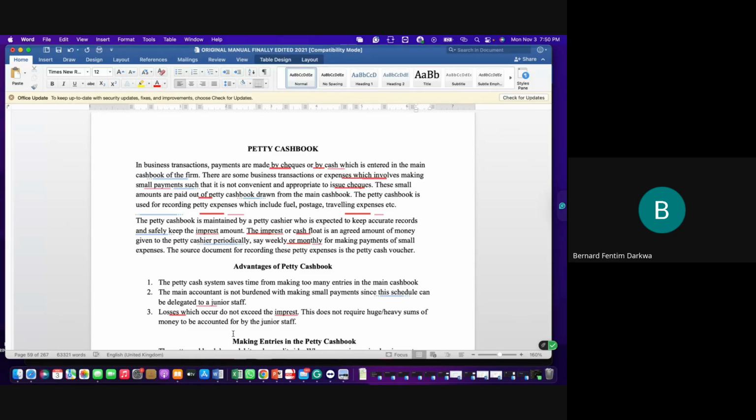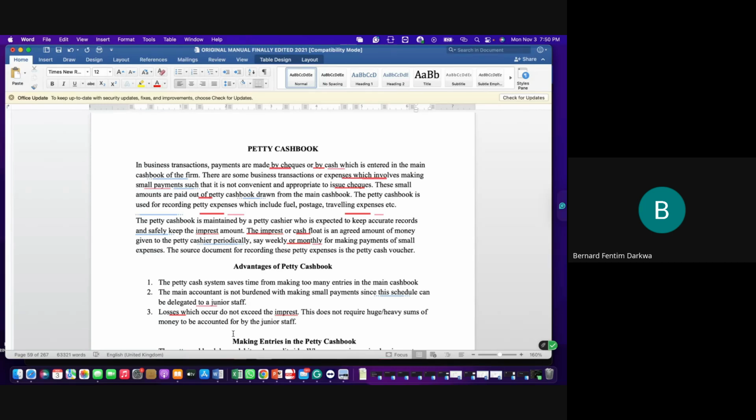So if you balance the petty cash and you have used 700 and have 300 left, the main cashier will reimburse you 700, and then you have 1,000 on 1st February.